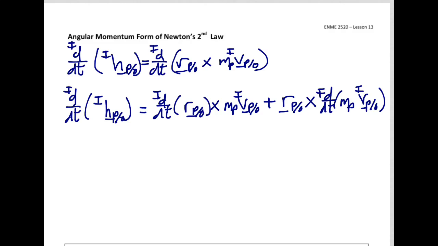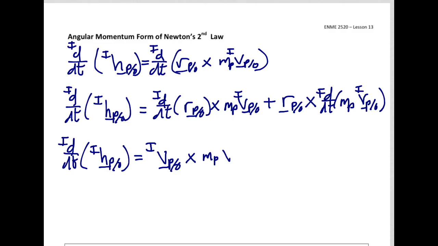And so then these terms right here, let's write these out. The d dt, observed in the inertial reference frame, of the angular momentum is going to be the time derivative of our position vector, the velocity of point P with respect to point O as observed in the inertial reference frame, cross with the mass multiplied times v of P with respect to O, as observed in the inertial reference frame.